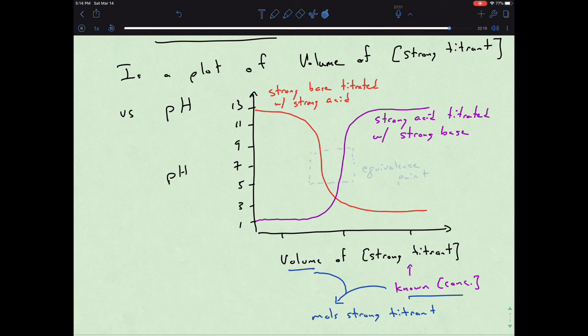So in red, we're titrating a strong base, so in the beginning we're very basic, or above 7, and then as we get closer to the equivalence point, we see this very vertical line happening. And so that's where we tend to visualize the equivalence point, in that region in the middle.